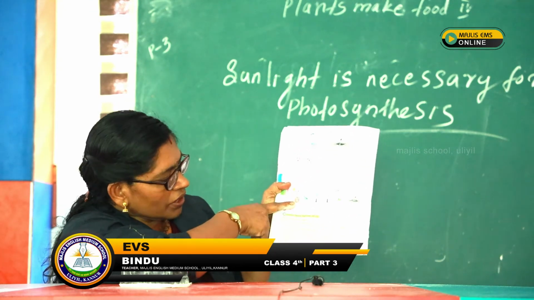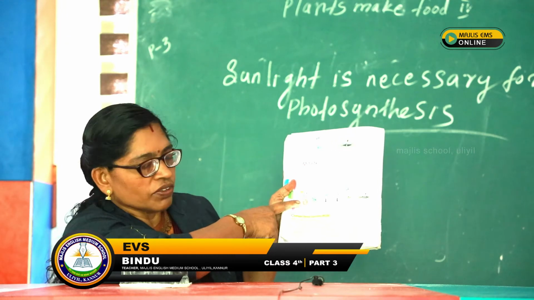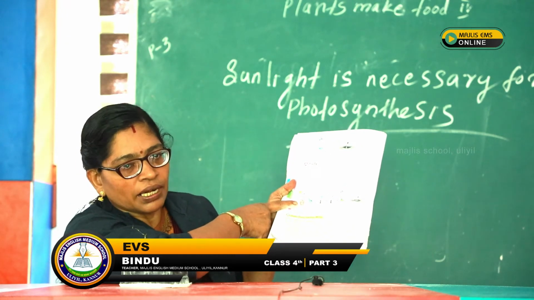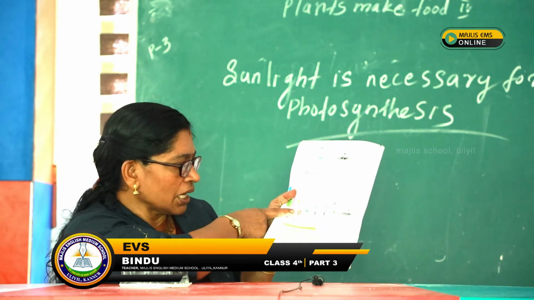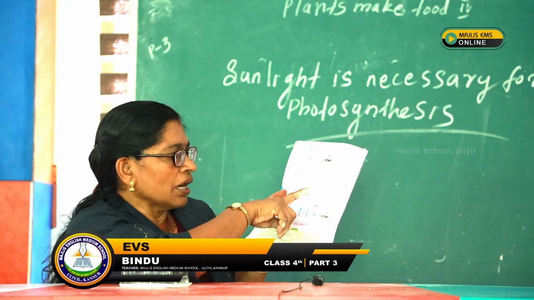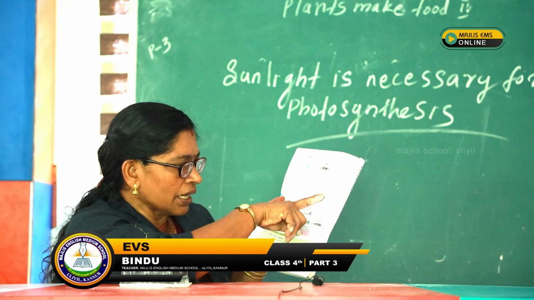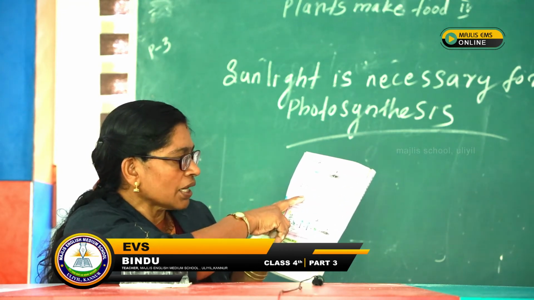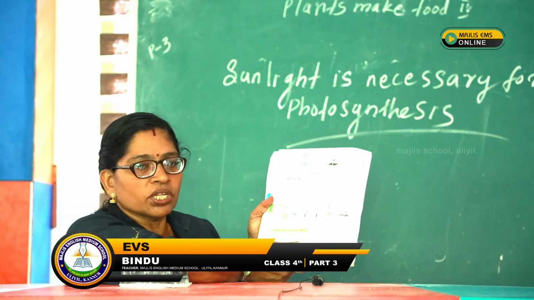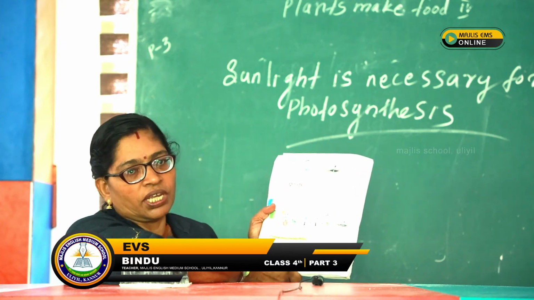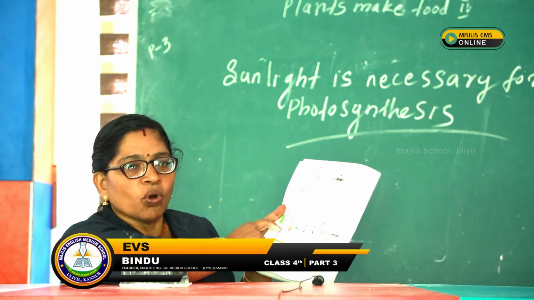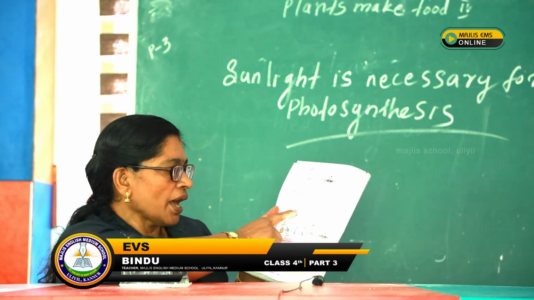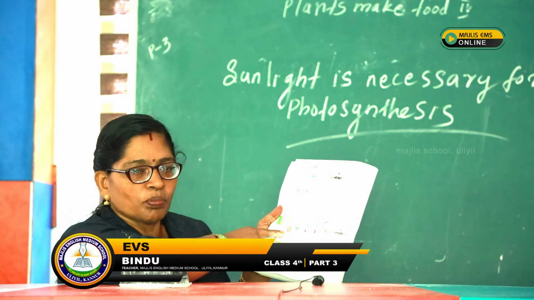Here you look at this picture, you can see a variegated plant, partially green and partially white in color. You take that plant and keep it in sunlight for 2 or 3 hours, then pluck the leaf of this plant.